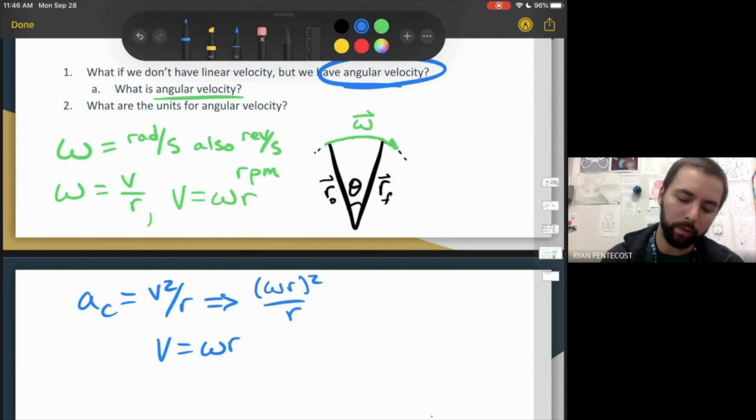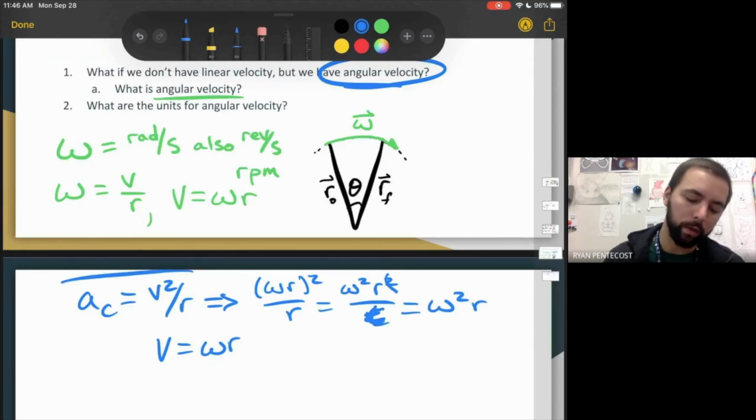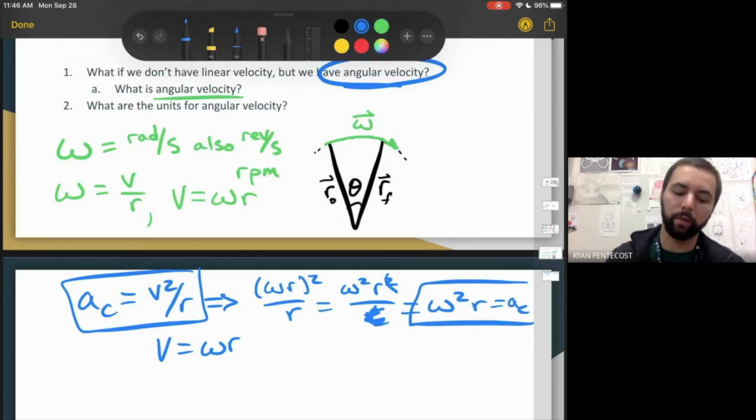So that means that we have omega squared r squared divided by r. One of those r's will cancel, and you get omega squared r. So now we have two equations. AC is v squared over r, or AC is omega squared r. The difference in that division and multiplication. So that's the alternate term, right?